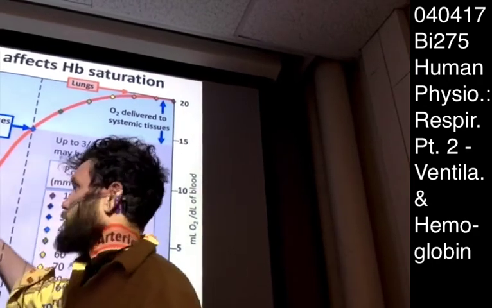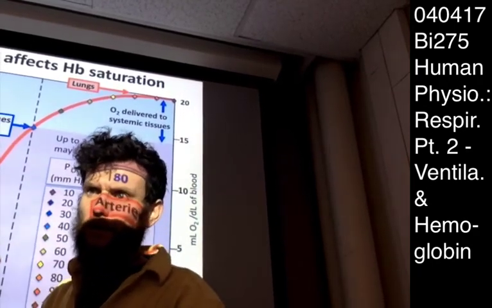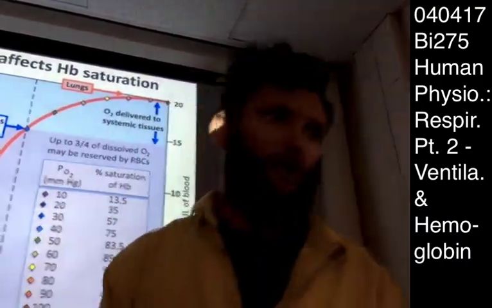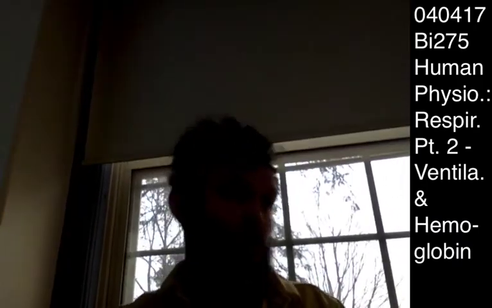You want to be able to deliver that oxygen more rapidly. This is an oxygen reserve. You're keeping 3/4 of the oxygen that your hemoglobin can hold in reserve as a buffer towards problems.